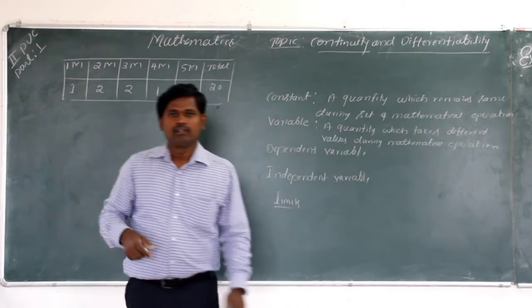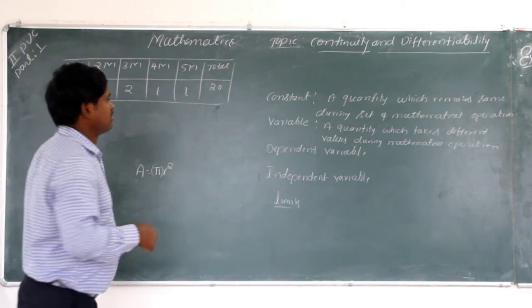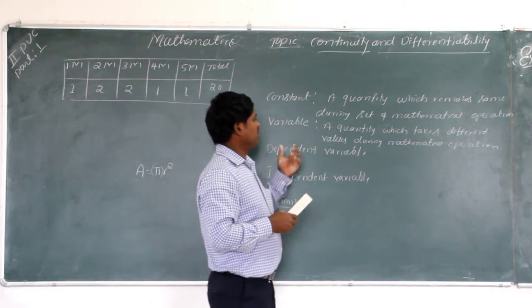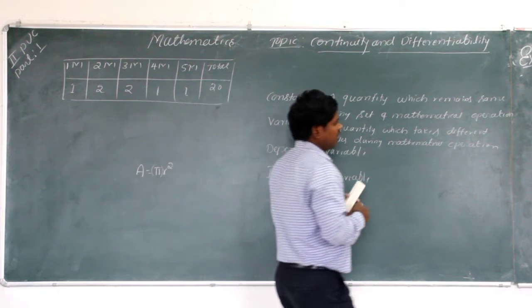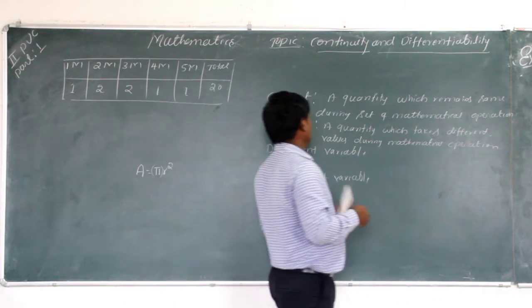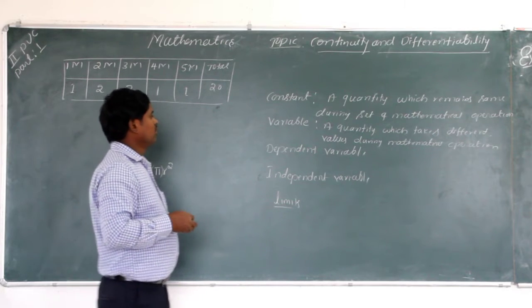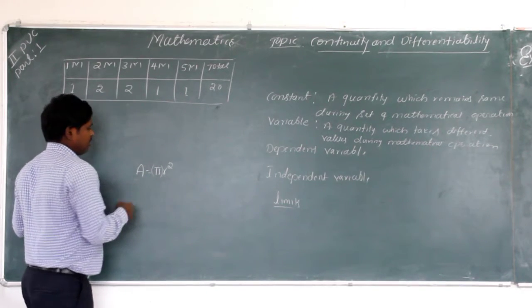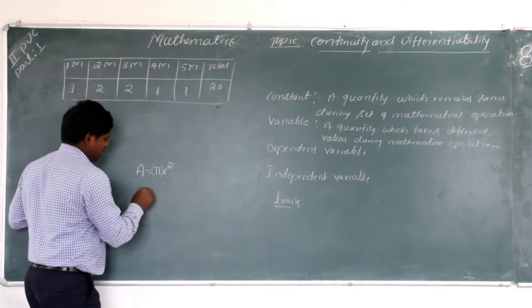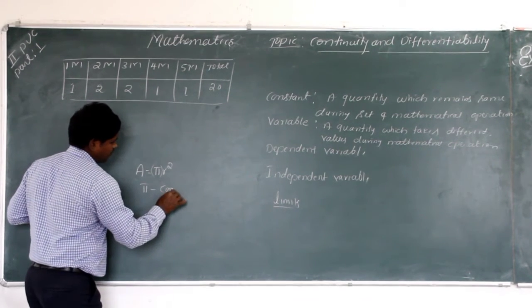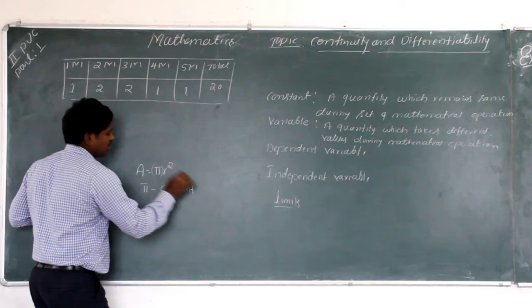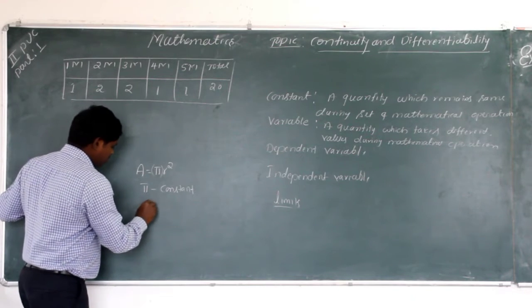Such a quantity is known as a variable. So in the example, pi is a constant and r is a variable.